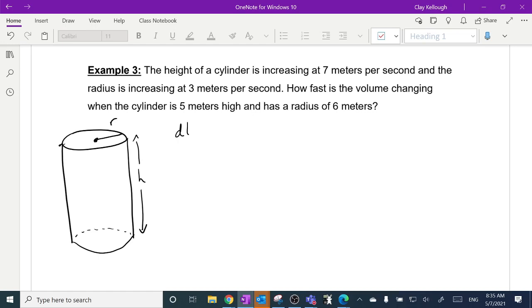So the change in height with respect to time, or the change in height divided by the change in time, the rate of change of the height, is 7 meters per second. The change of radius over time is 3 meters per second. So this thing's getting taller much faster than it's getting wider. So it's getting taller, but it's also getting skinnier.